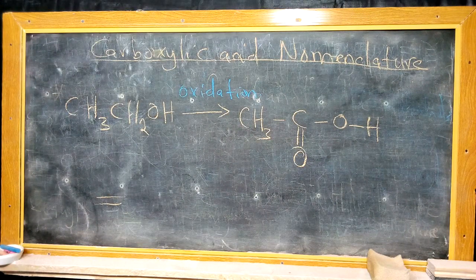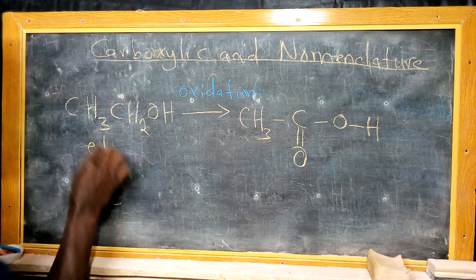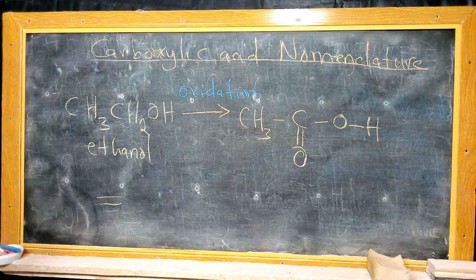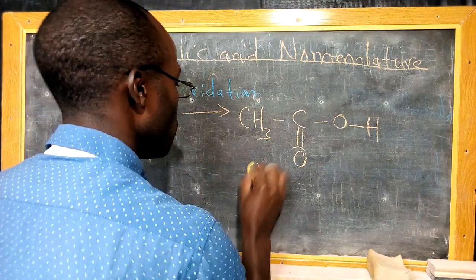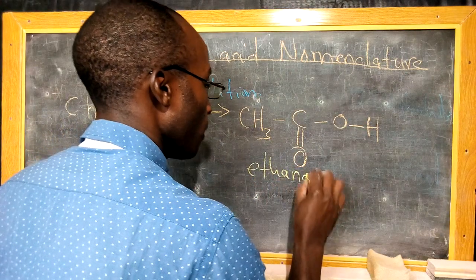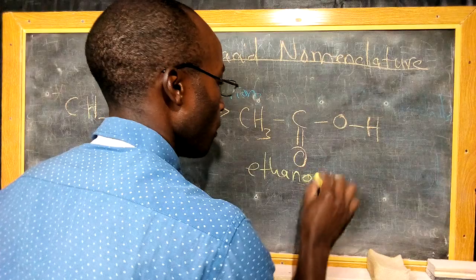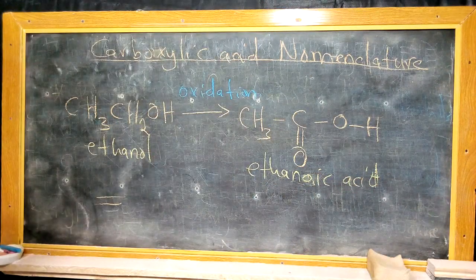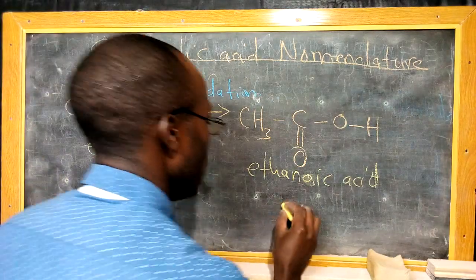So this is ethanol undergoing oxidation to produce what we call ethanoic acid, or this can be called as well acetic acid.